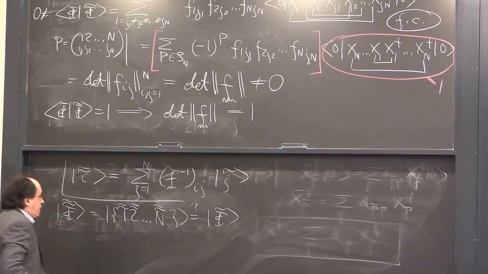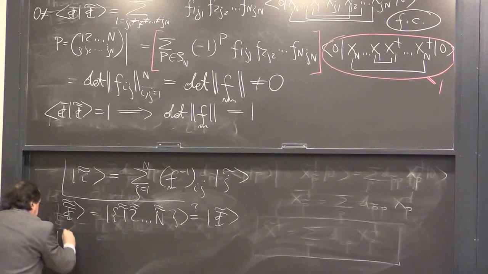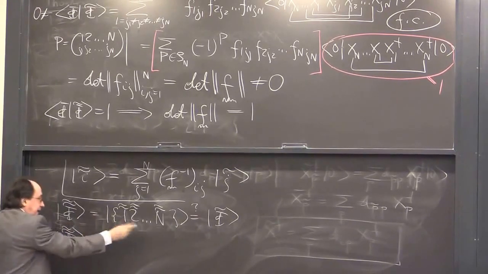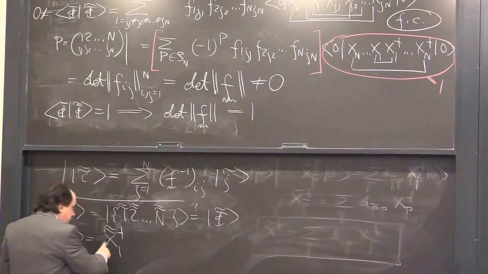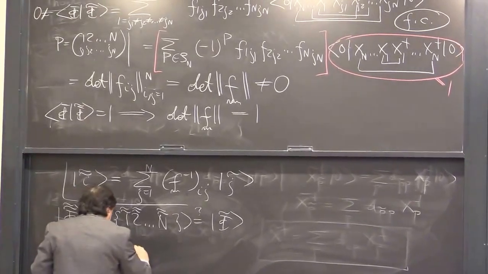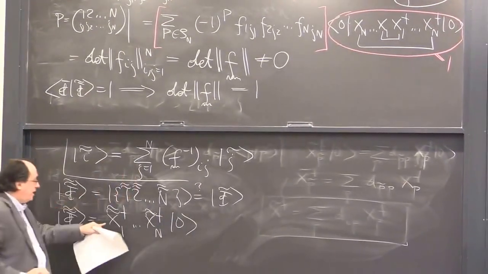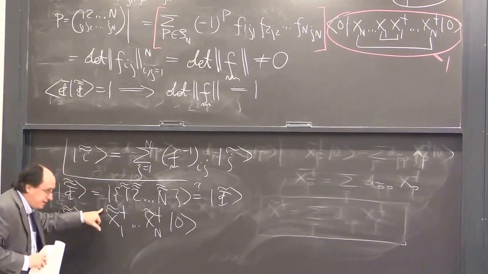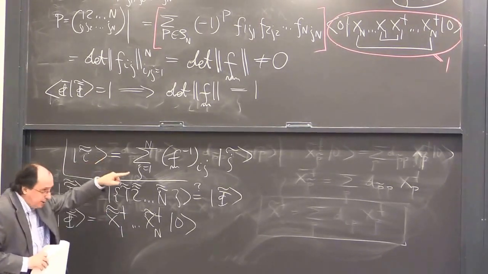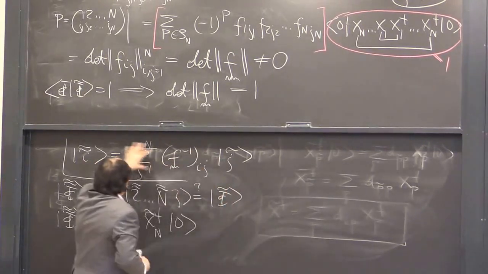In order to prove it, of course, we're going to be using again techniques of second quantization. So what is phi double tilde? Phi double tilde is the product of creation operators x1 double tilde dagger through xn double tilde dagger acting on the vacuum, where these creation operators with two tildes are related to the tilded creation operators the same way the spin orbitals are related.